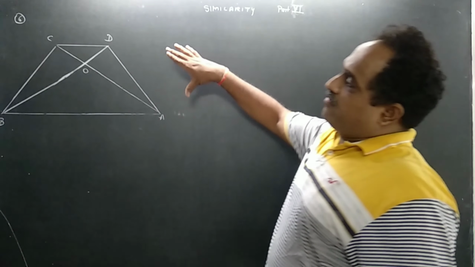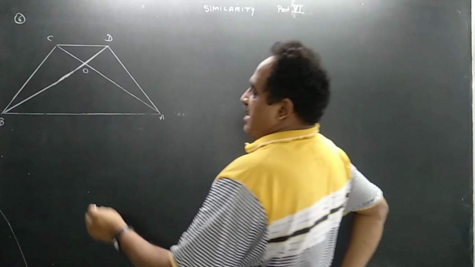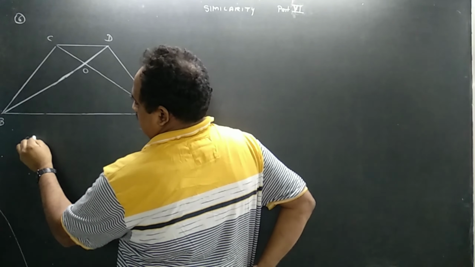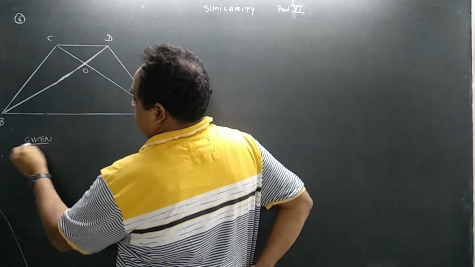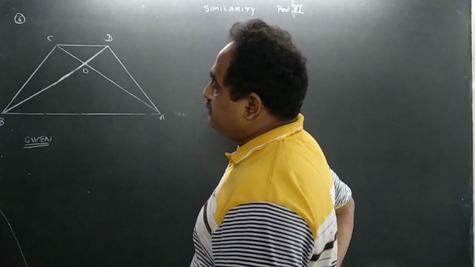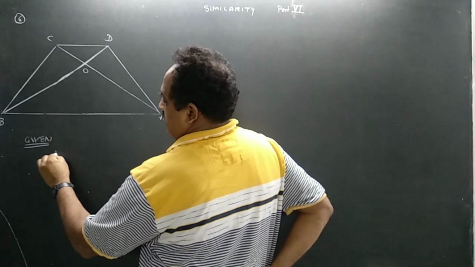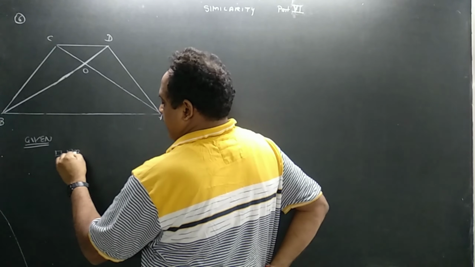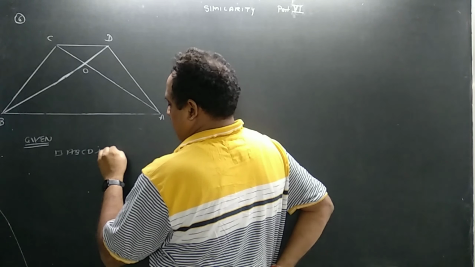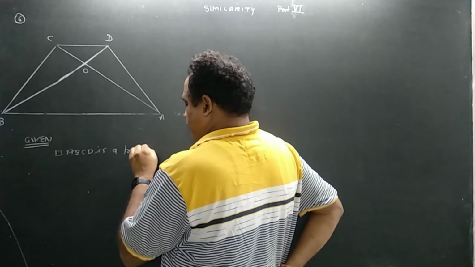This is the figure of question number 6. Read the question. Quadrilateral ABCD is a trapezium.